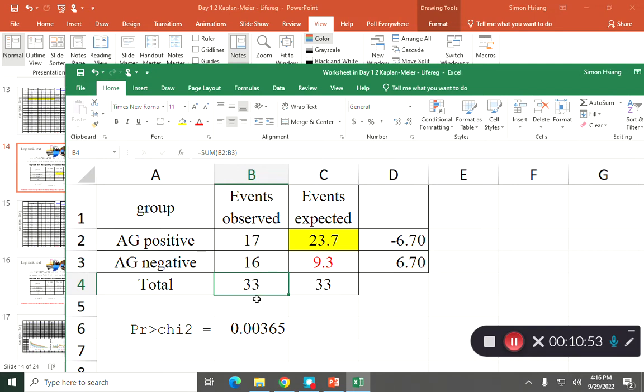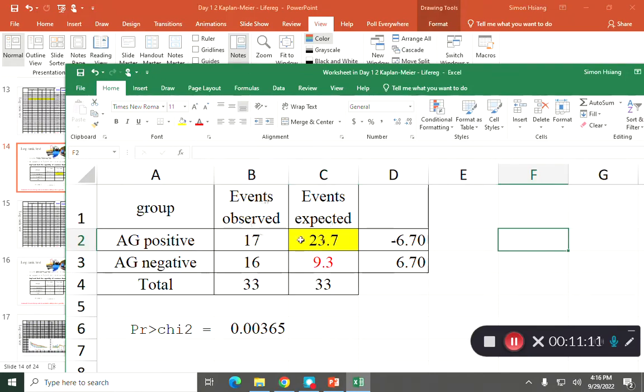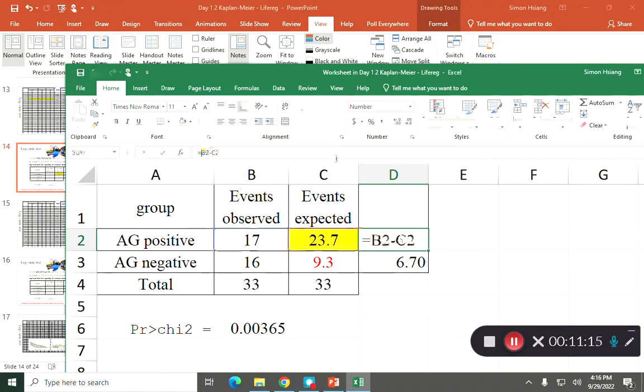Totally, I have 33 cases, right? So I can find this 9.3 using the fact that there are totally 33 cases. You already used 3.7, so I only have 9.3 left. Agree? The other way you can calculate this is that you are 17 minus 6.7.